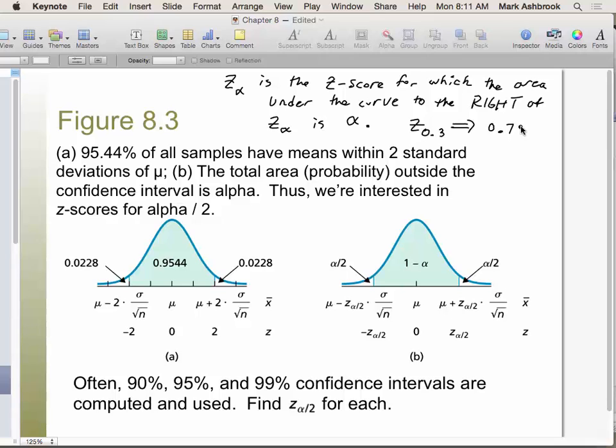Remember there are four decimal places, so you're going to look for an area of 0.7000, because that's going to be 70% lying to the left or 30% lying to the right. And that's what we want. So it's going to be like this.